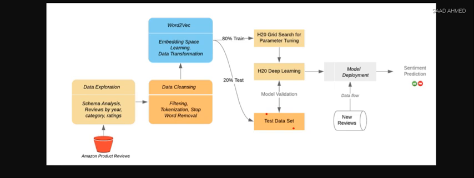So these are the simple steps. Again, the question was where to apply word embeddings: this is the place, and where to train: this is the place. This is the deep learning where you are going to train it, and this is where you are going to apply the word embedding.